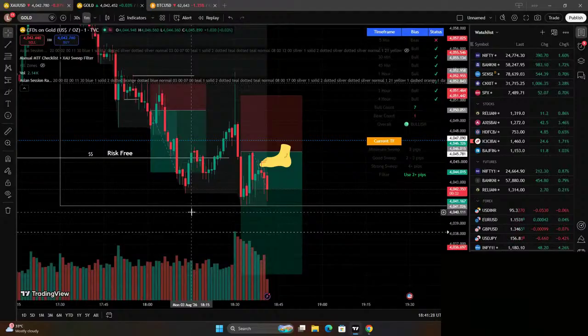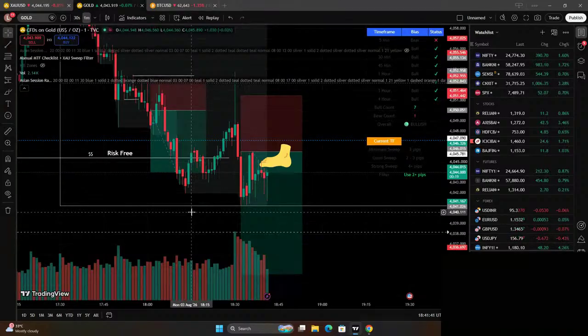This demand zone is the thing that is the worst candle formation again. Worst candle. What the heck, man?